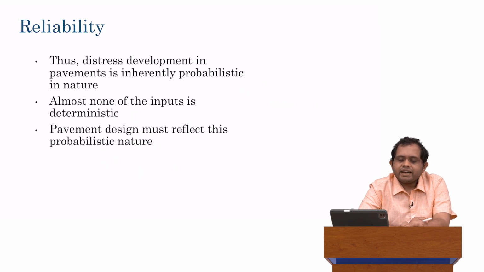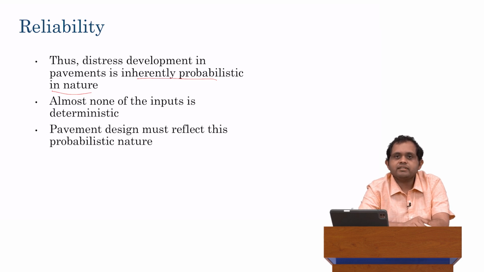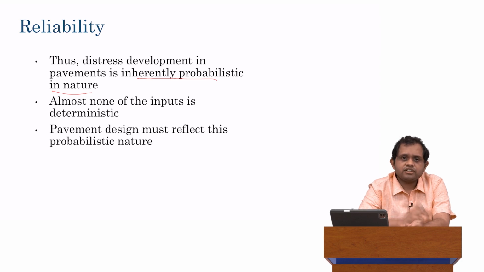So what we find is that the development of distresses in pavements in real life is inherently a probabilistic process. That is, even if we have the same inputs or we think we have generally the same inputs, the outputs, that is the distresses, are not going to be exactly the same. There will be some amount of variation just purely because of these random things which we just talked about in the previous slide.